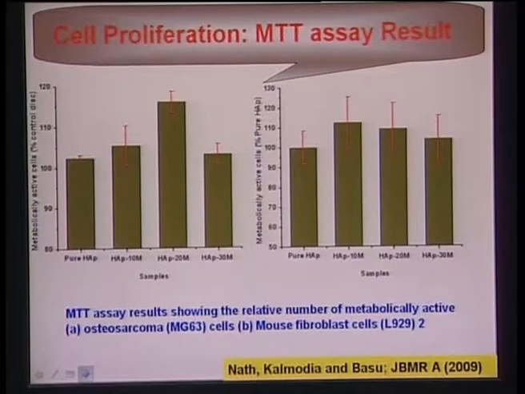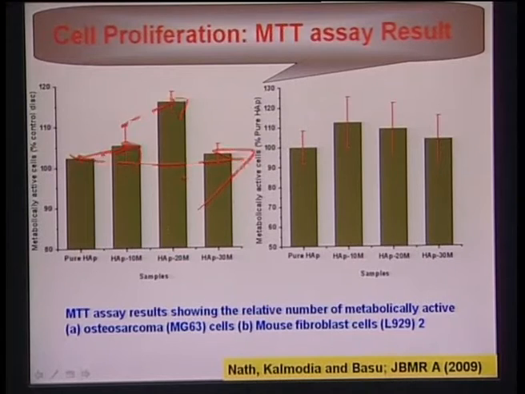Now the MTT assay was performed to quantify the cell viability of these materials. This is for the pure hydroxyapatite, this is for the hydroxyapatite 20 mullite, and this is for the 30 mullite. You see here the error bars overlap, and from this to this again the error bars roughly overlap.